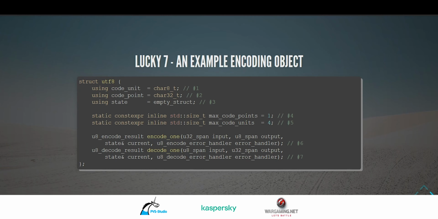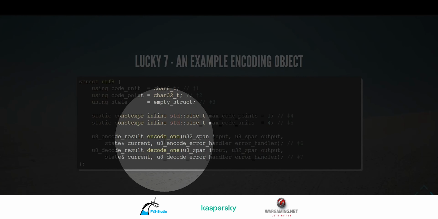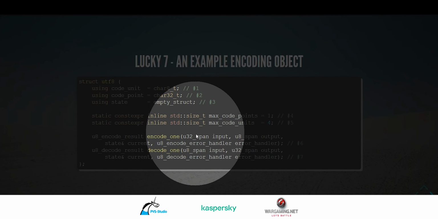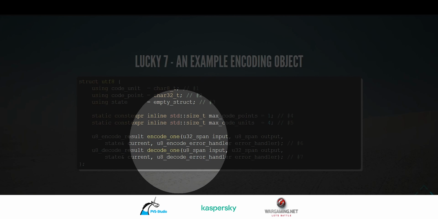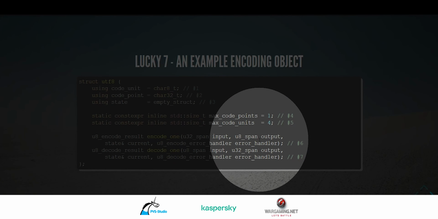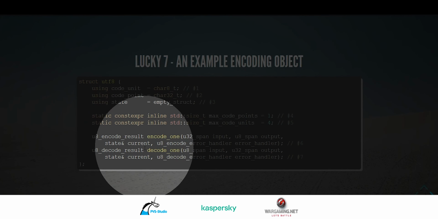And then the last 2 things here are literally just two member functions. Encode 1 and decode 1. Encode 1 basically just takes in code points, which in this case is the span of char32_t, and an output span, which you write into. It takes the current state variable, which in this case is an empty struct, but that's our current state.